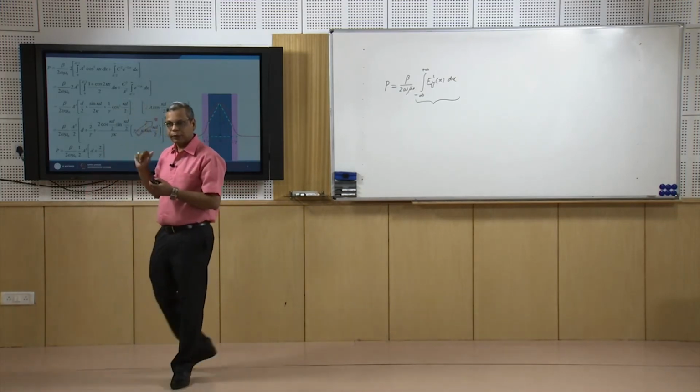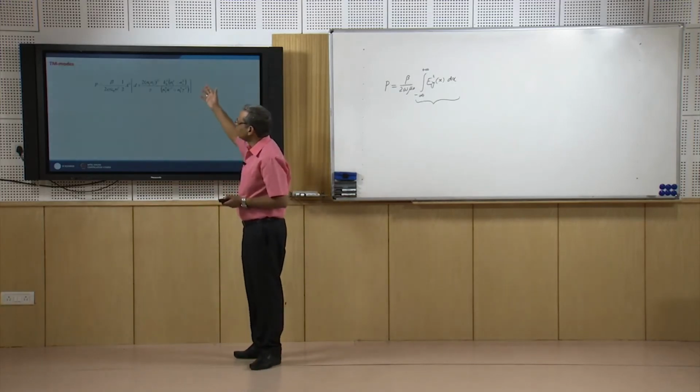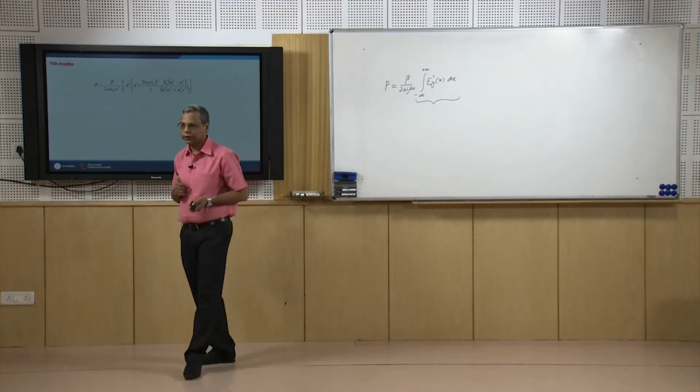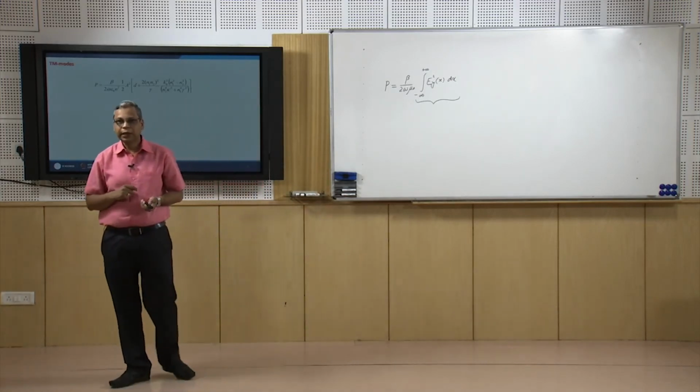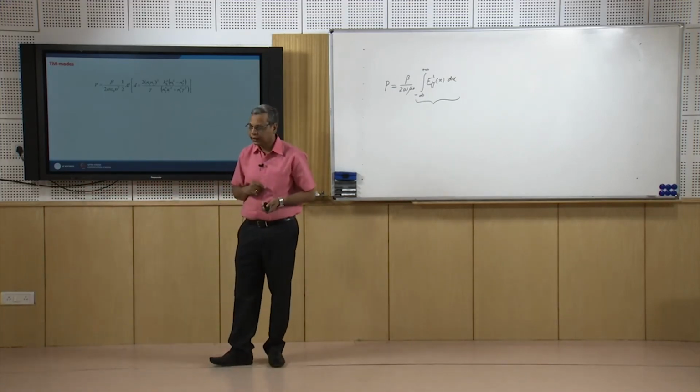This can be proved and evaluated. So, this is how I can get the power associated with a mode, and these powers are in watts per meter, power per unit length in y direction.